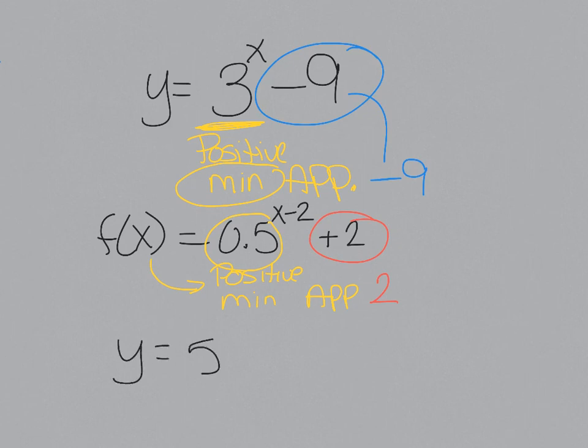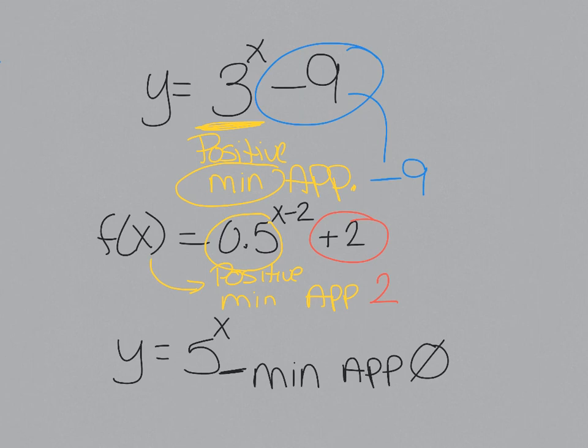Number 21, y equals 5 to the x power. It's positive, so it's going to be a minimum, and it's going to be approaching. We don't have anything out here, so it's going to be approaching 0. So the linear and the exponential are pretty simple, straightforward.